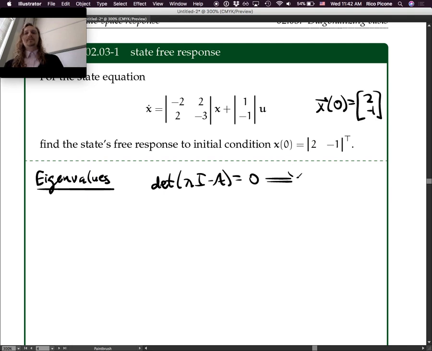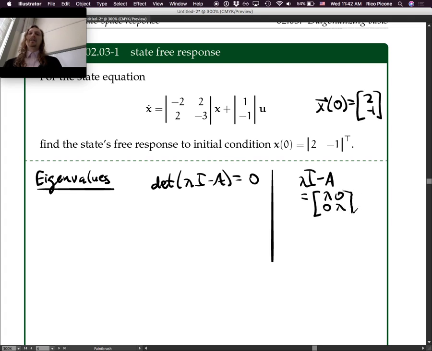So, determinant of lambda I minus A. So let's compute over here, maybe. What is lambda I minus A? Okay. It equals lambda I, we need a 2 by 2 I, right? Because we have a 2 by 2 A. Negative 2, 2, 2, negative 3.